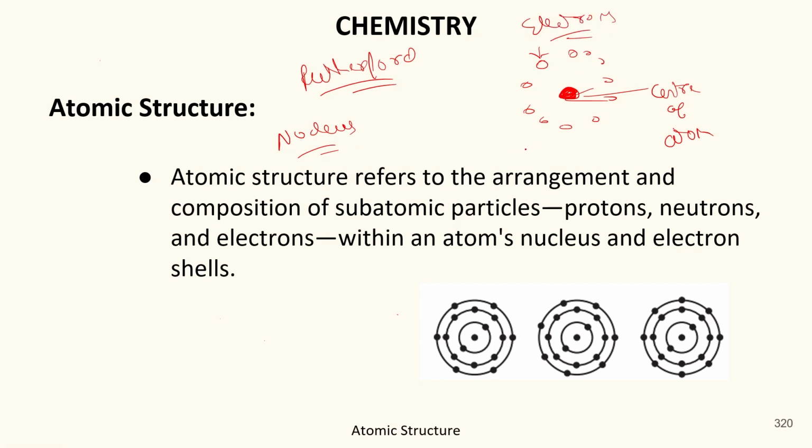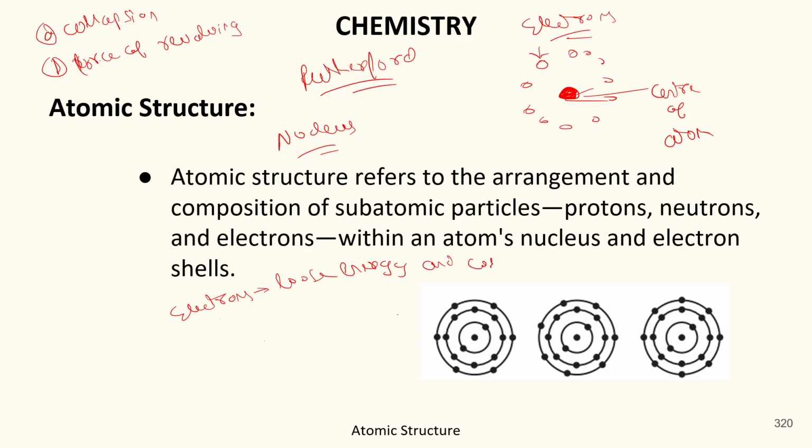Okay, so there are two main questions on Rutherford. First is collapsion. Second is force of revolving. The first question arose that if the electrons are revolving around the center of an atom, then after some time the electrons should lose energy and collapse with the nucleus, or you can say with the center.